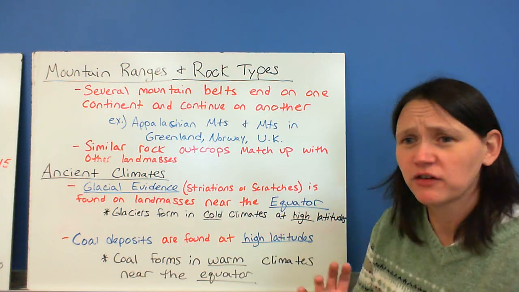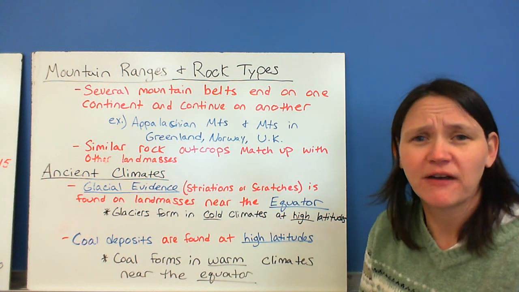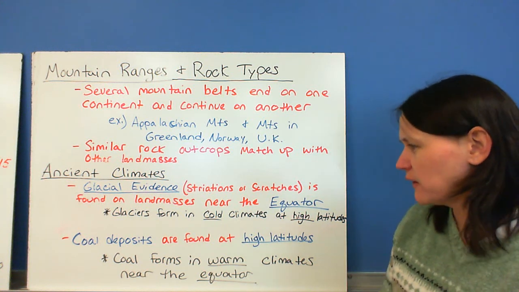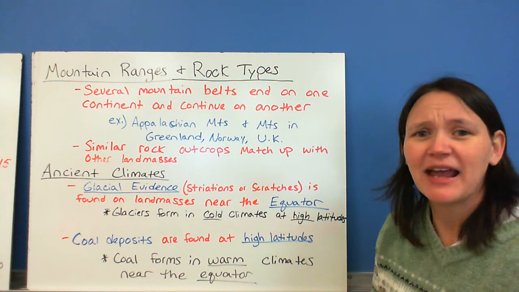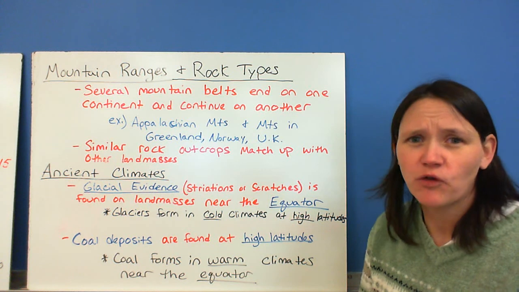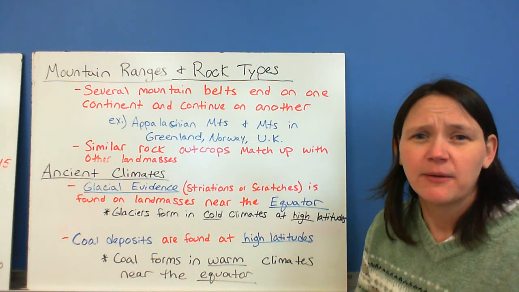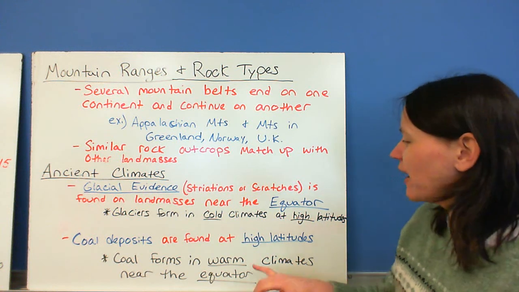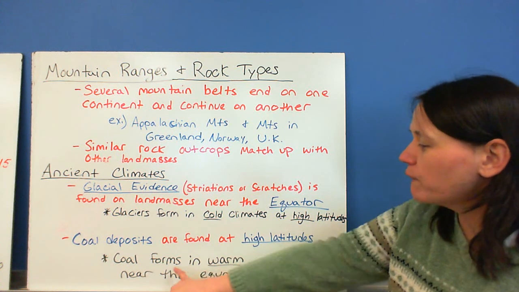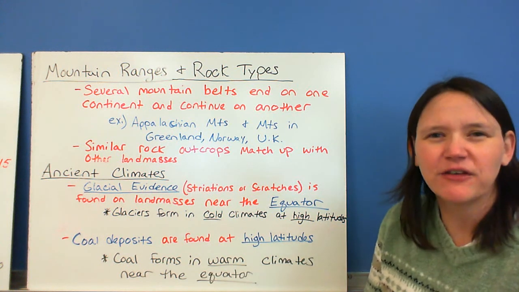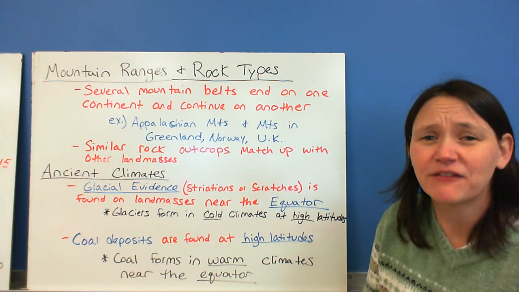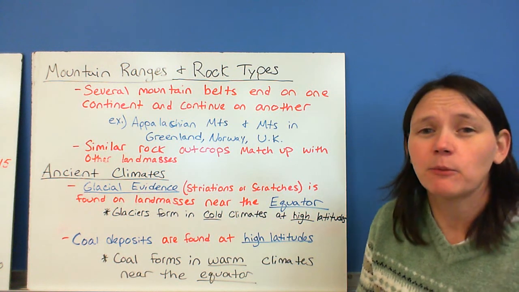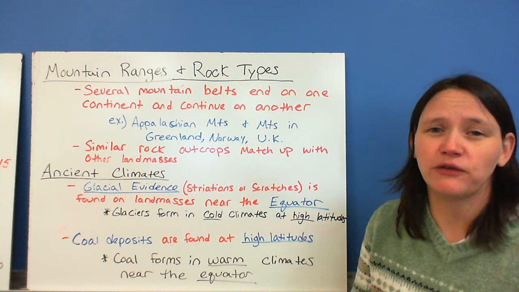Another ancient climate piece of evidence are coal deposits. Coal deposits we find at high latitudes. We have coal deposits in America. We've got like Pennsylvania, Virginia, West Virginia, places like that where we find coal, but coal forms in warm climates near the equator. Pennsylvania is definitely not near the equator, but what that's telling us is that it used to be there.